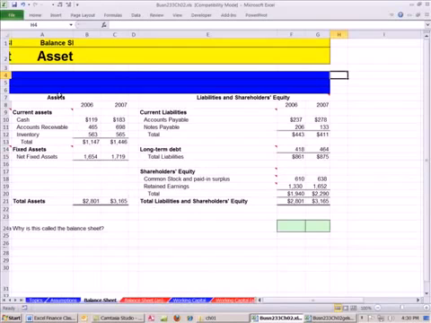Now, assets. Current assets. These are assets like cash. Accounts receivable. What's accounts receivable? Accounts receivable is something that'll be cash soon. This is when Home Depot gives the lumber to the contractor, and the contractor pays 30 days later.